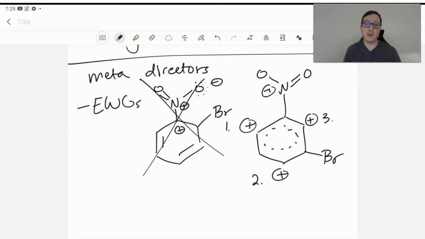But if we have them on there, it's best for them to direct things to meta positions so that they can go through slightly more favorable transition states. And so, with this, in our next video, we'll talk about the effects of electron donating and electron withdrawing substituents on benzenes and their reactivity. And then further along, we'll talk about some examples in synthesis.